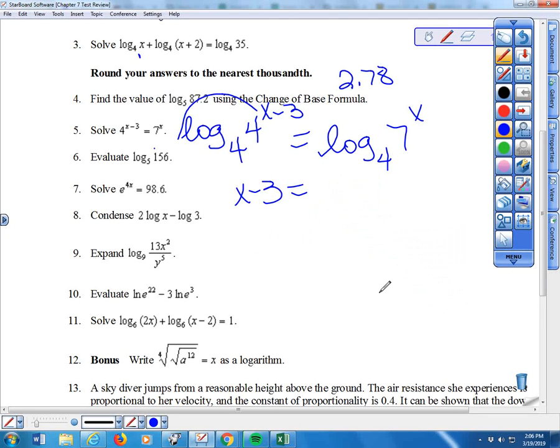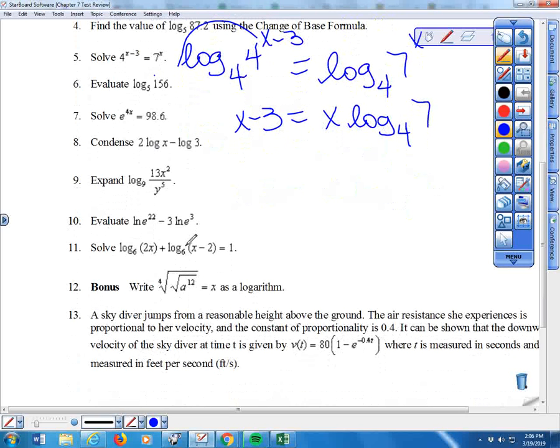So there is x times log base 4 of 7. Okay. So if I can, I'm going to get everything with an x on one side and everything without on the other. So I'm going to take x minus x log base 4 of 7 equal to 3 when I add 3 to the other side.